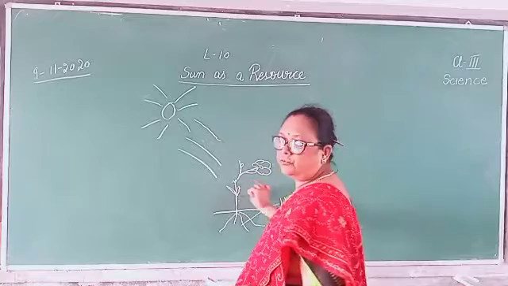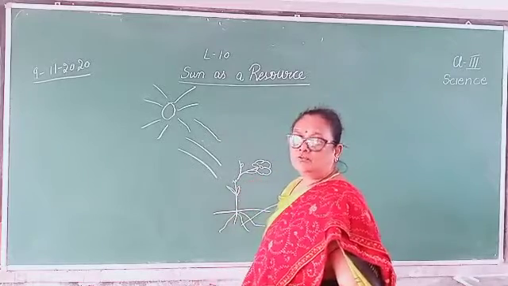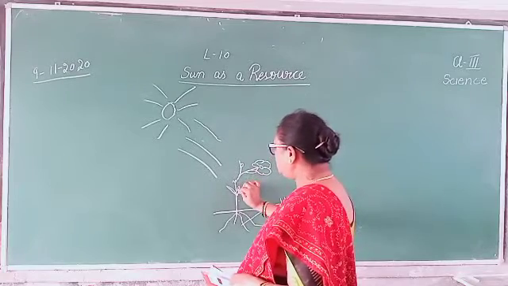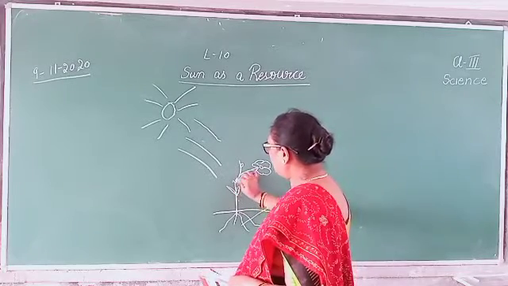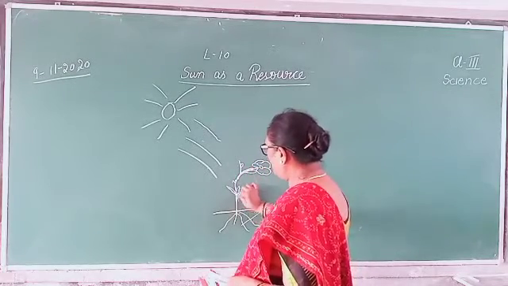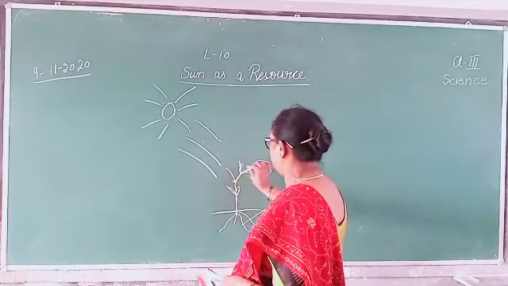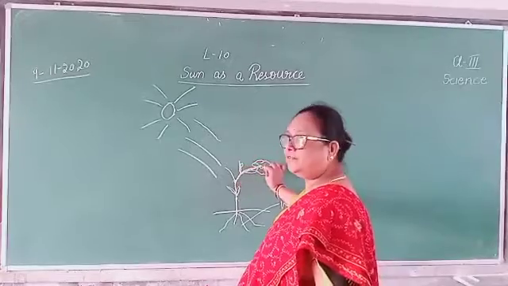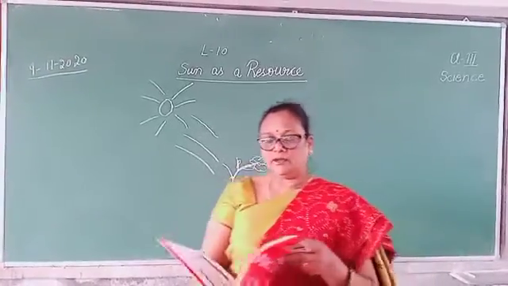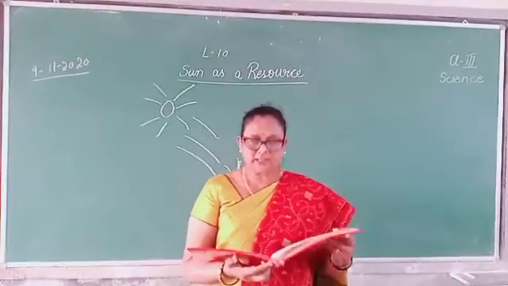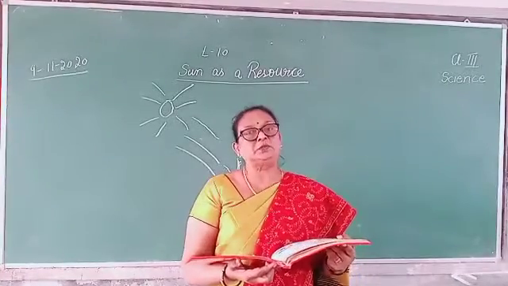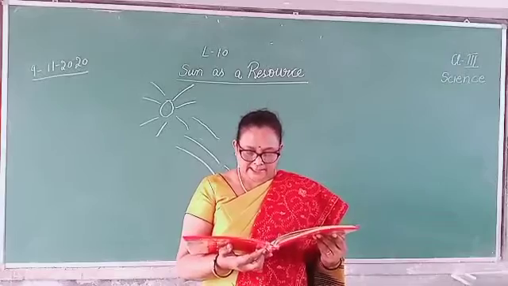The leaves make food in the presence of sunlight. And when the leaves make food, it passes to all the parts. It passes to the stem, to the flower, and the food is given to the whole plant. And the plants grow well.